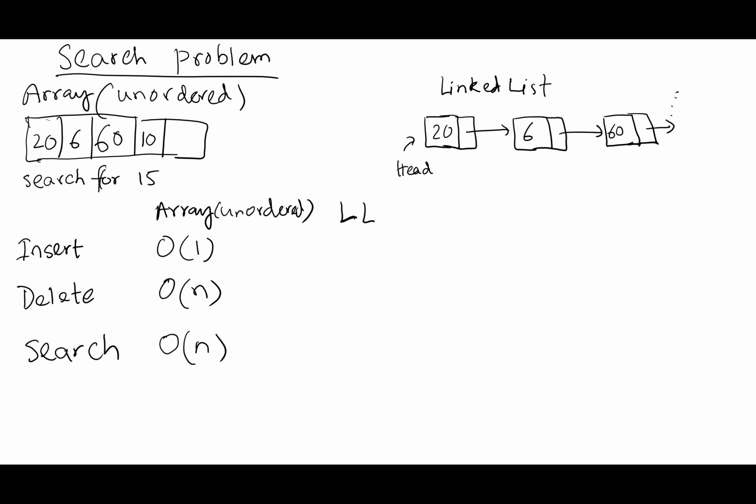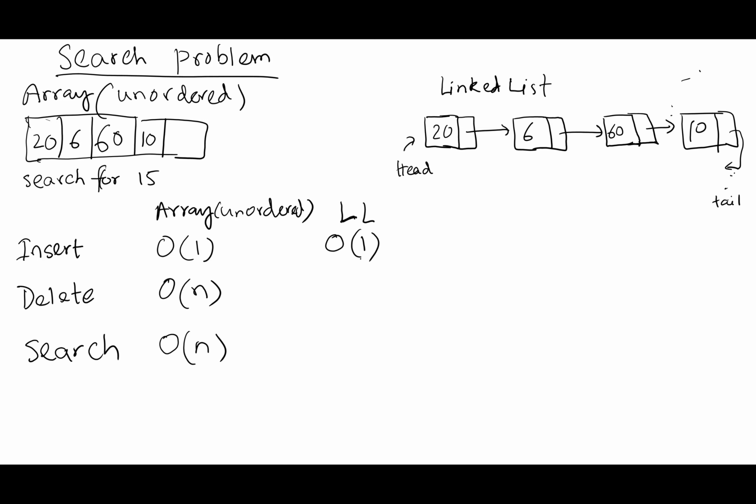When we insert a new value, we insert at the tail. So we insert 10 here, and the new tail is going to be here. The insert is at the tail, so we can just directly go there and do the insert.